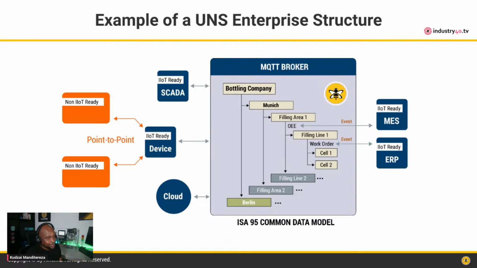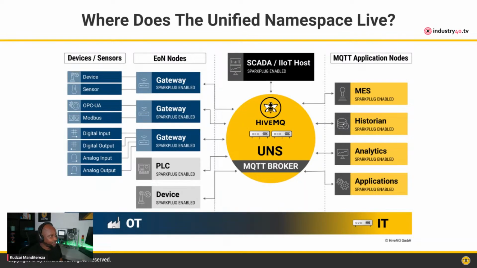Any other component of your manufacturing enterprise that needs to understand the current order status in filling line 1 knows exactly where to go based on the bottling company Munich filling area, filling line 1 hierarchy that you've mapped onto your ISA 95 common data model. So this is an example of how you'd structure your unified namespace.